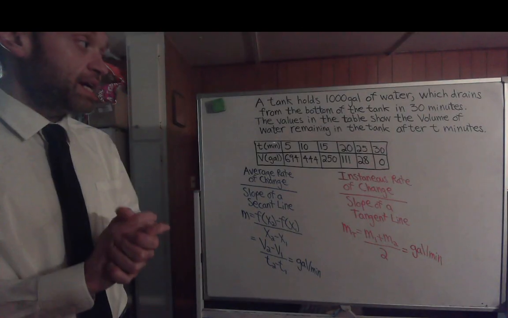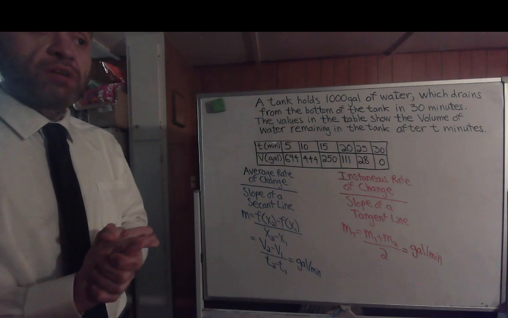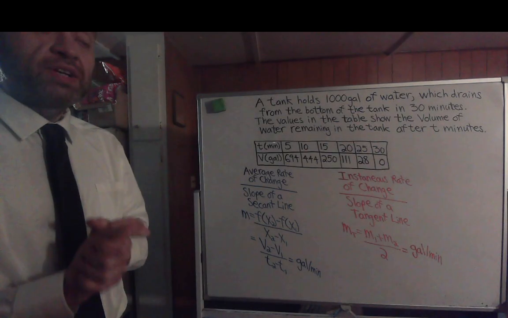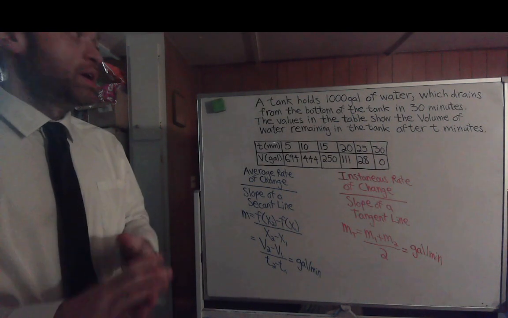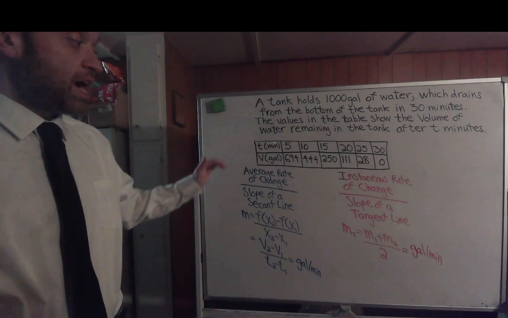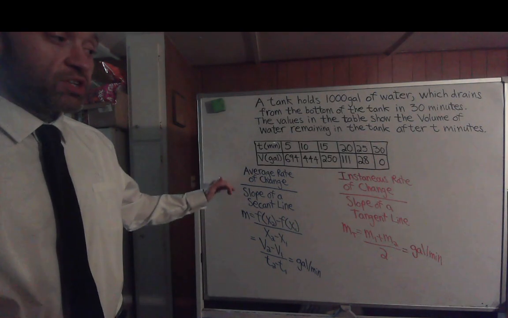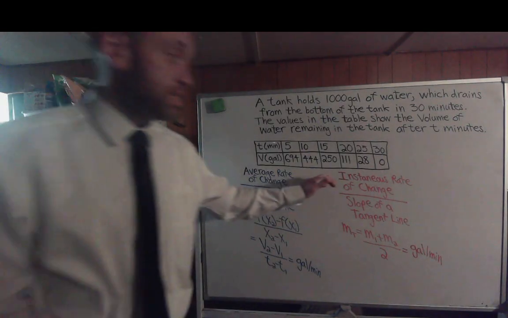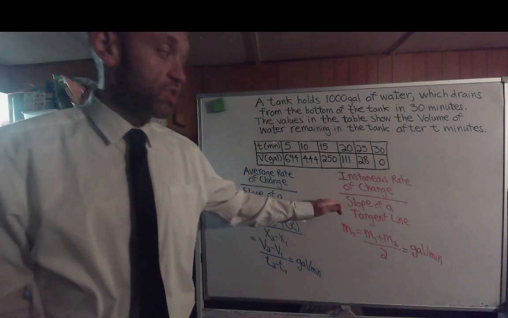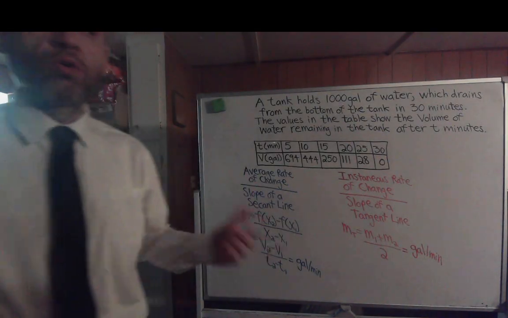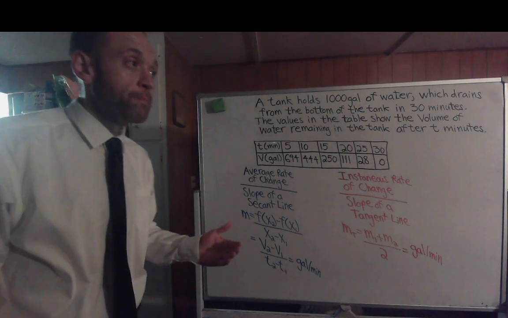So today we are going to talk about a couple of examples that put the idea of average rates of change, or the slope of a secant line, and the instantaneous rate of change, or the slope of a tangent line, into real world applications.